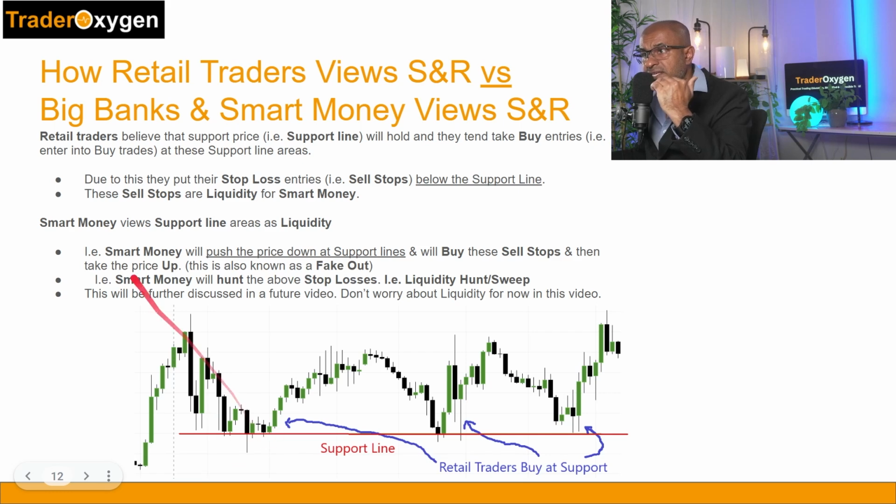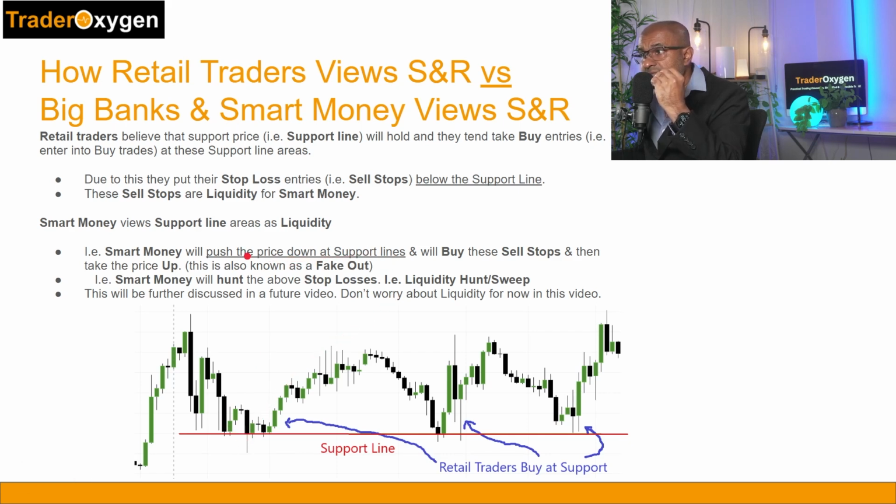So what that means is, smart money will view the support lines as liquidity because they know the retail trader stop losses are below these support lines. So what smart money and big banks and the algorithm will do is push the price down at support lines. See, this is what's happening here. The price has been pushed down and then again taken up.